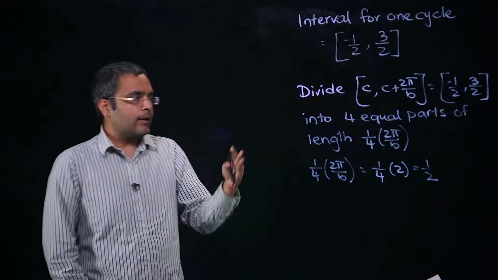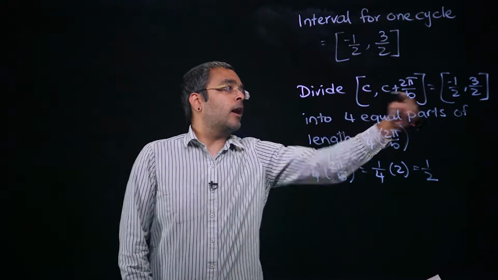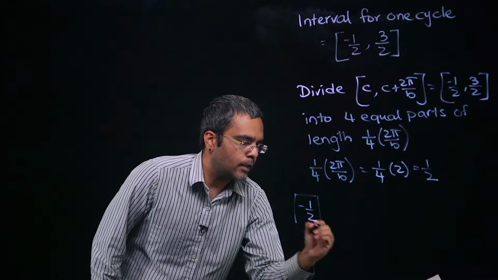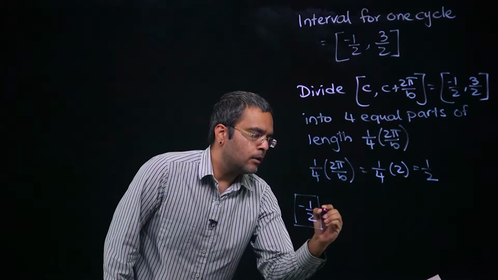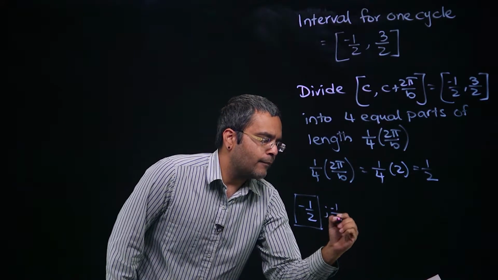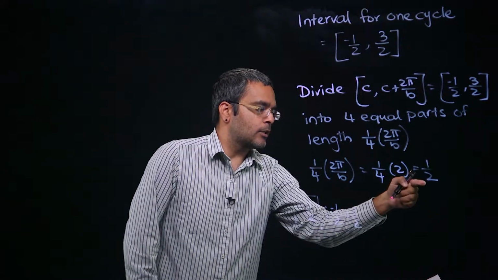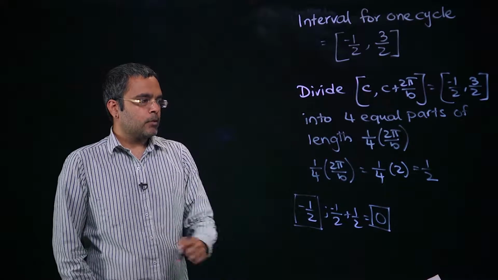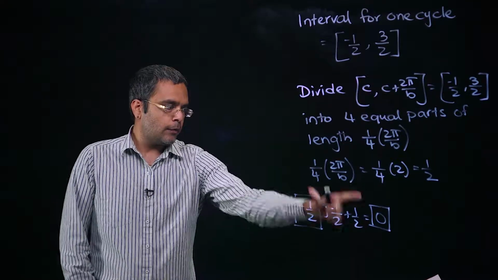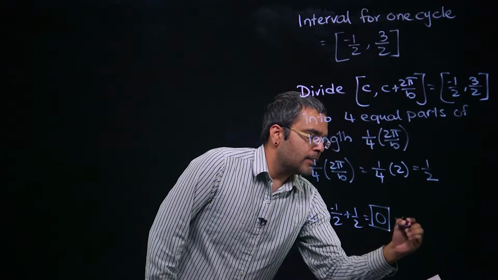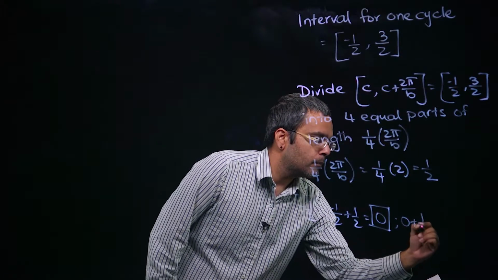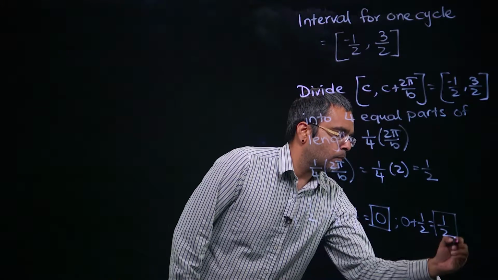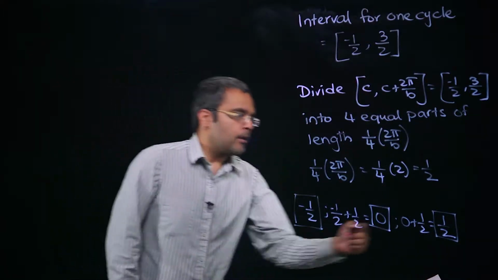So how do we divide that into 4 parts? We start with our value c, which is negative 1/2. I'm going to circle that. Then I'm going to add the half to it, and that gives me 0. That's the first of the 4 segments. Then I take the 0 and add the half again, which gives me 1/2.